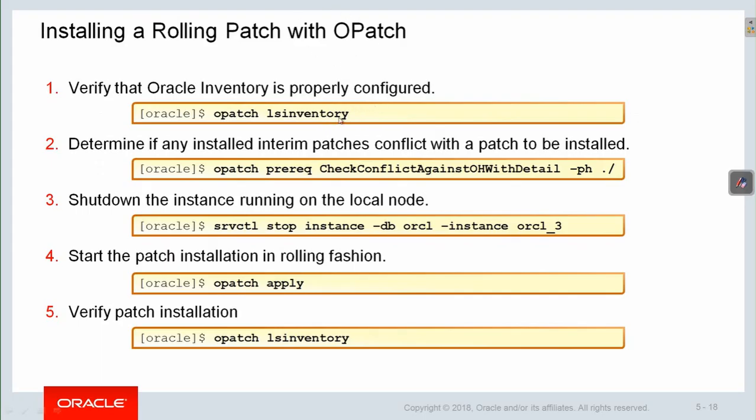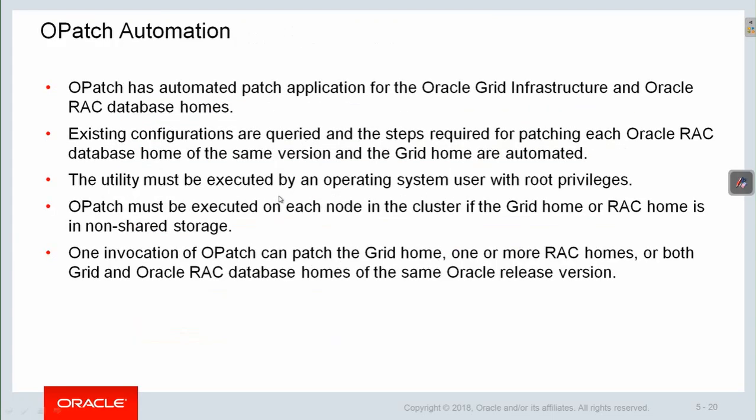We check the Oracle inventory, and double check the patches installed. Then we check prerequisites and determine if any installed interim patches conflict with the patch to be installed. Then you shut down the instance running on the local node, apply the patch, and verify. So these are our steps, and we will have to repeat them if it is a rolling patch.